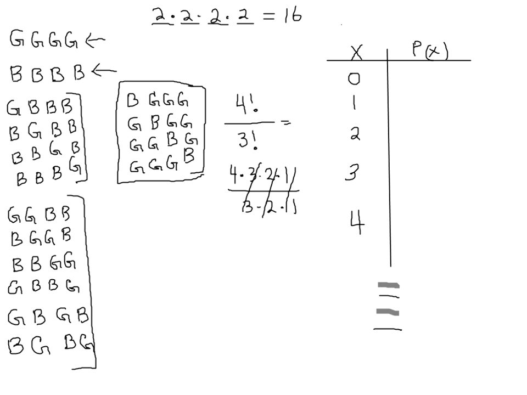So you see what happens. There are 4 ways of arranging 1 boy and 3 girls. There's four ways of making that happen.